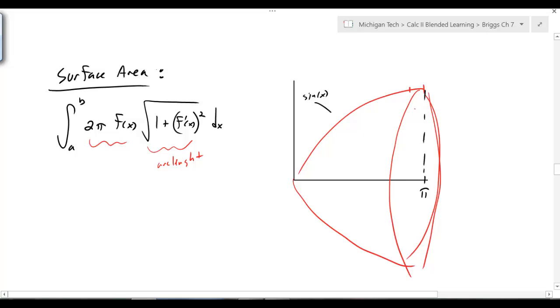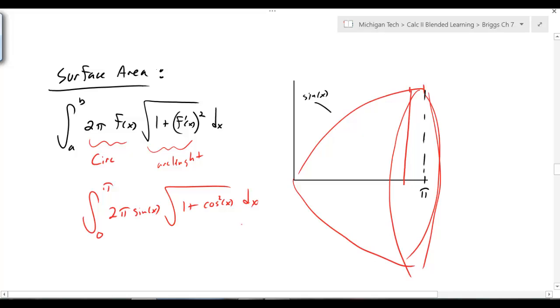So 2 pi f of x, where f of x is the height of the function, is essentially the radius of the circle I'm rotating my arc length around. So this is a circumference piece, I have an arc length piece, and I want those pieces to make sense like that. Okay? So for this one, it would be the integral from 0 to pi of 2 pi sine of x, the square root of 1 plus cosine squared x dx. I could really just write that piece out.